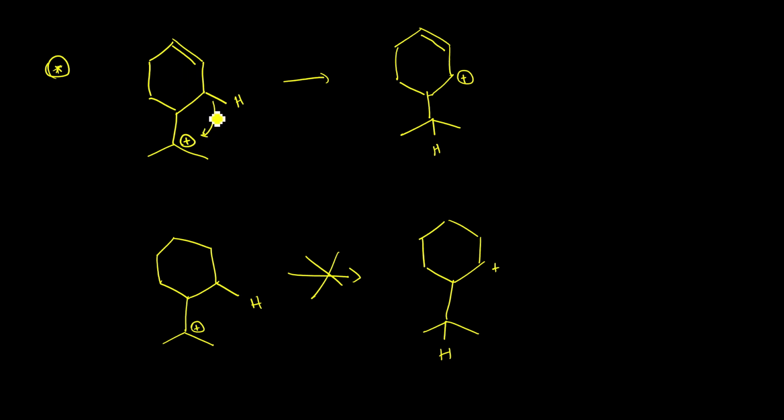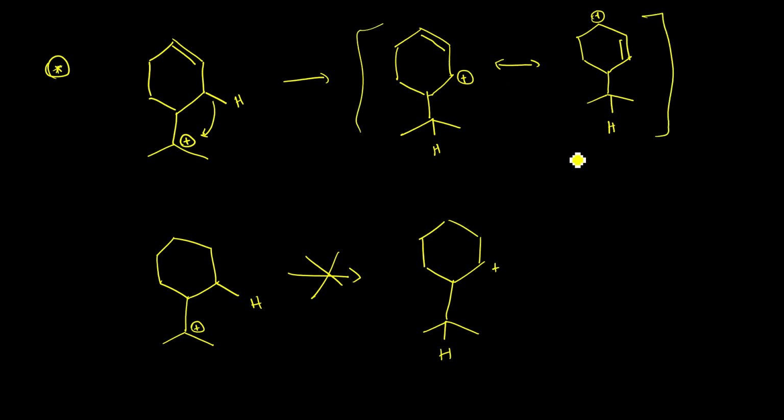If this happens in your molecule, your positive charge is now present on this particular carbon, which can result in resonance stabilization. Resonance structures make this product much more stabilized than this. In this case, you can't have resonance stabilization, so this is much more unstable.